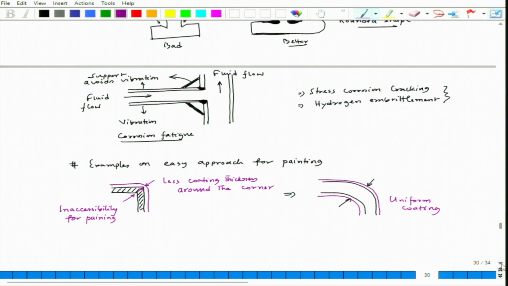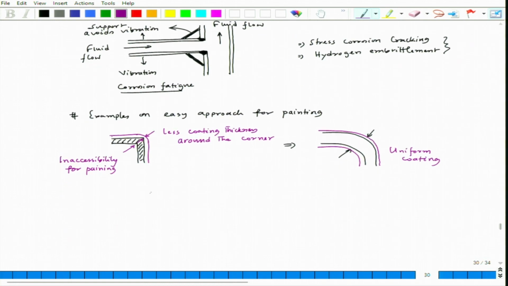Now, if we have a design like this, let us say a tank design, again there will be a problem, because accessibility will be an issue here, as well as coating thickness would be an issue.